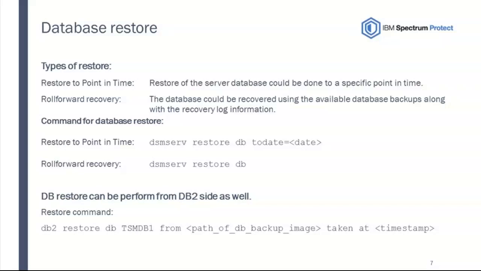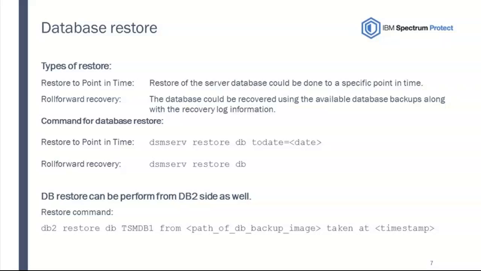If you run the most current restore or roll forward recovery, then the server will restore the 10 a.m. database and then apply the logs between 10 a.m. and 2 p.m. So in this case, you do not lose any data.